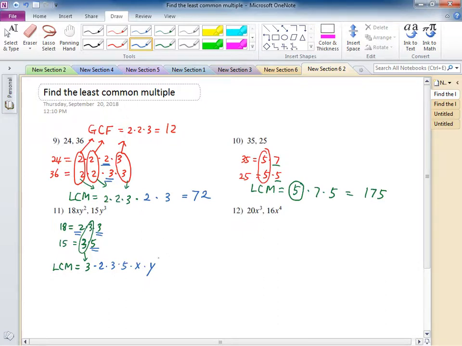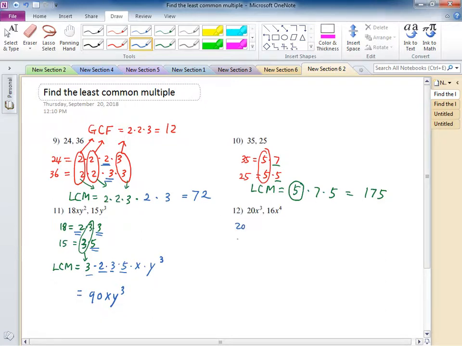So I need to use y to the third power. So the answer will be the product of this. So let's multiply: 2 times 5, 10, times 3 times 3, 9, 90, x y cubed. That is going to be called the least common multiple. If I use this as a denominator, this will be the least common denominator.